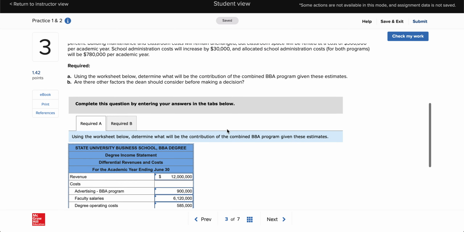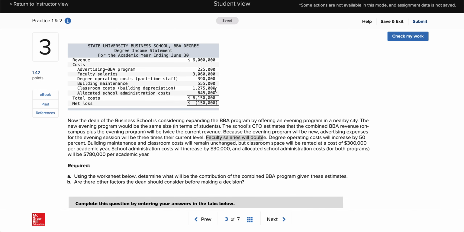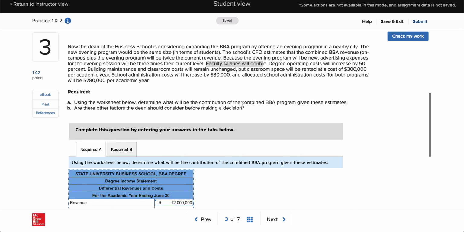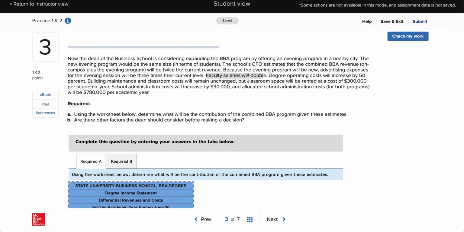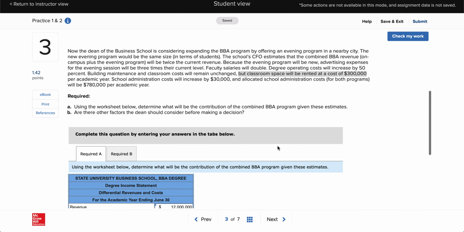So the classroom cost, $1,275,000. They also tell us that that would be unchanged. And then the classroom rental. They indicate here that we would have to have additional space at a cost of $300,000. So we drop that number in here. And then the differential school administration cost.